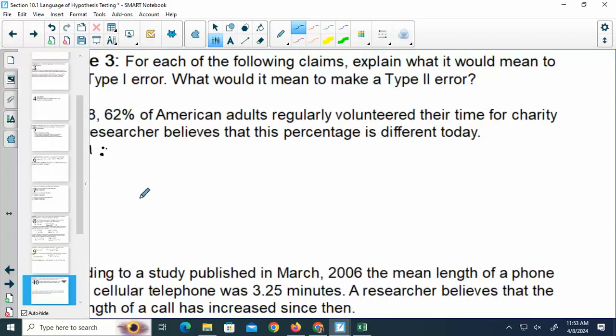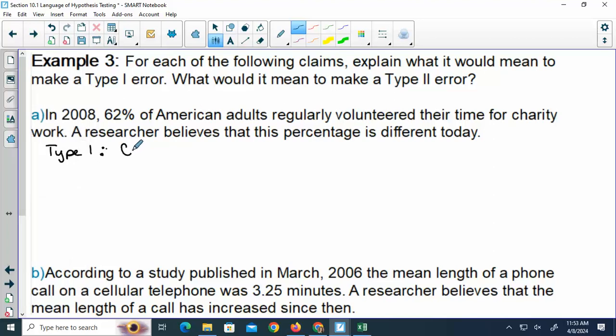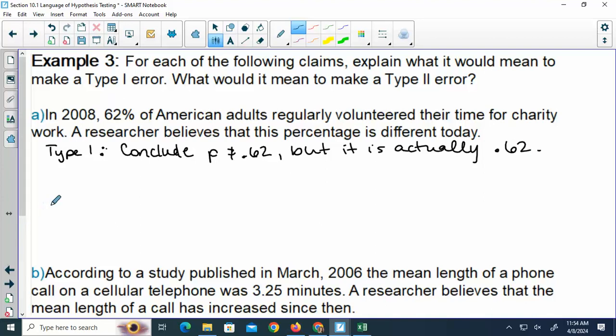So what it means in type 1 error here would be we conclude the alternative, that the proportion is not equal to 0.62, but we are wrong. We concluded that it's not, but it actually is.